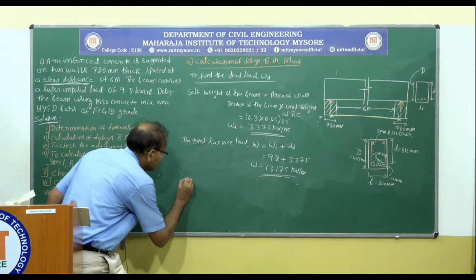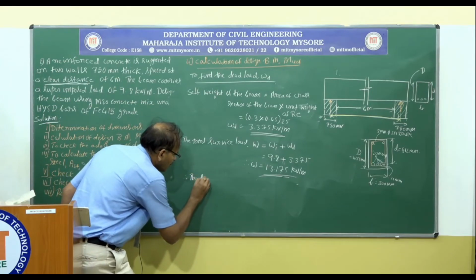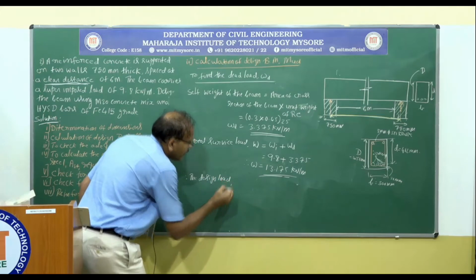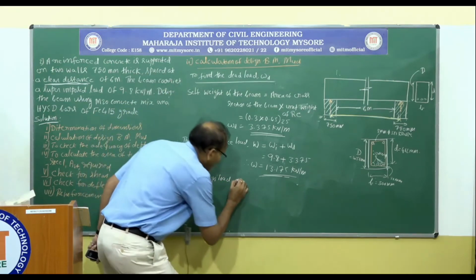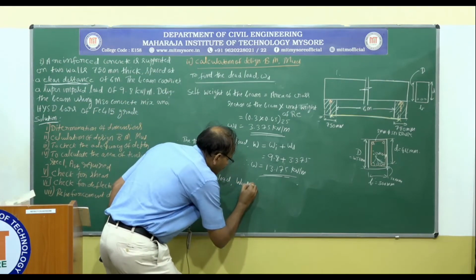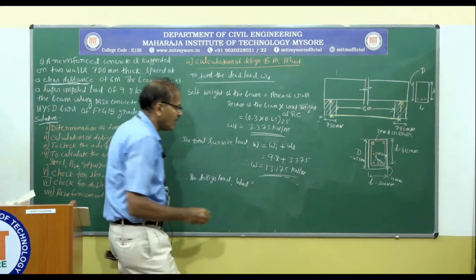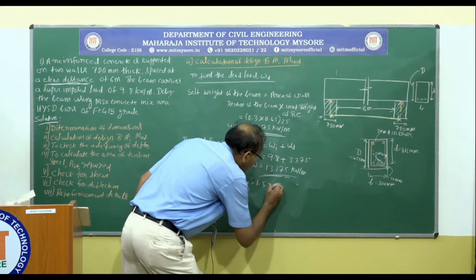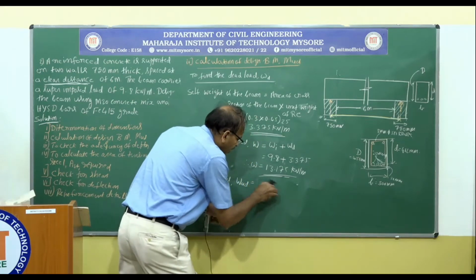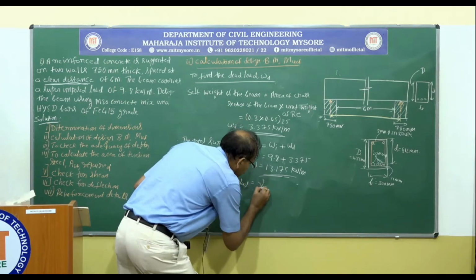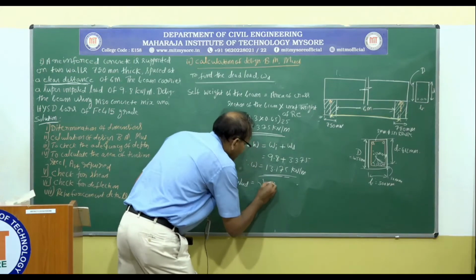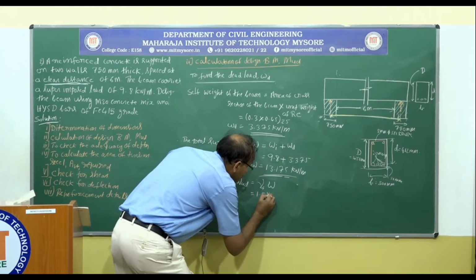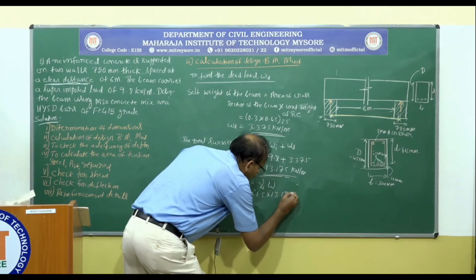Therefore, the design load, I am going to call that value as WED is 1.5 times, that is gamma F multiplied by W, that is 1.5 times 13.175.